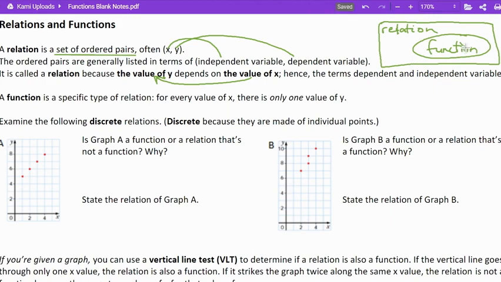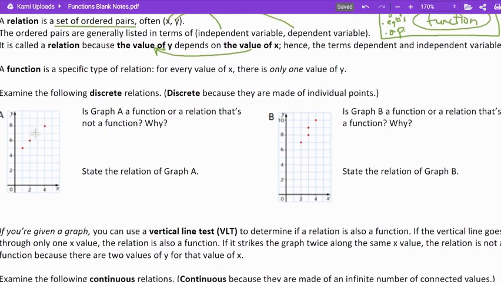So not all relations are functions, but all functions are relations. Relations could be graphs, they could be equations, they could be ordered pairs. So an equation is one of the ways that a relation will be shown.